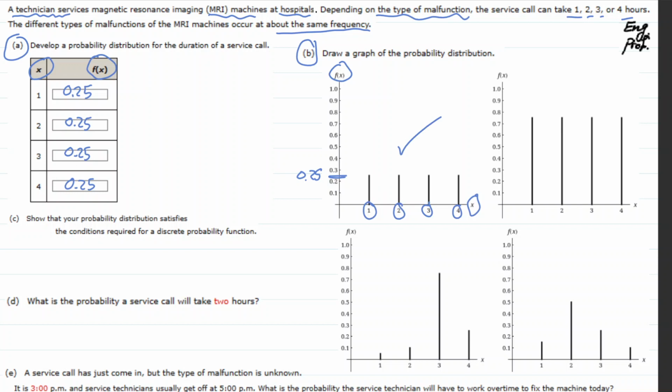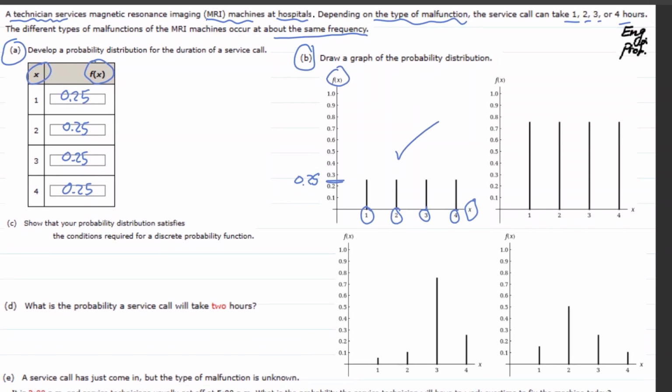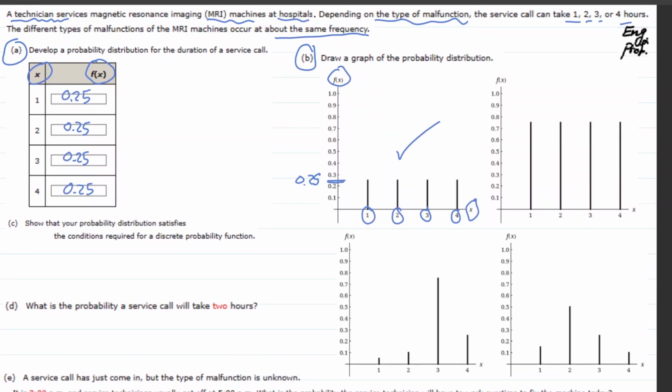So this is the right one, and as a result, this one is incorrect, this one is incorrect, this one is incorrect. None of the other ones properly represent this probability distribution.